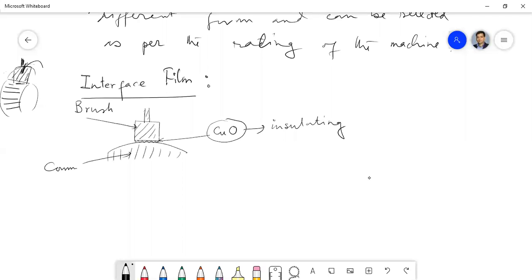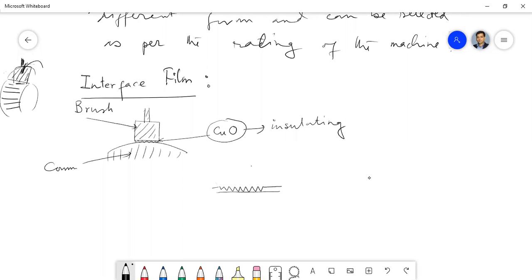First, the mechanical one. Now you see, if we see the surface with a microscope, then we will see the undulations like this on the surface. The undulations are like this, but the copper is smooth like this.